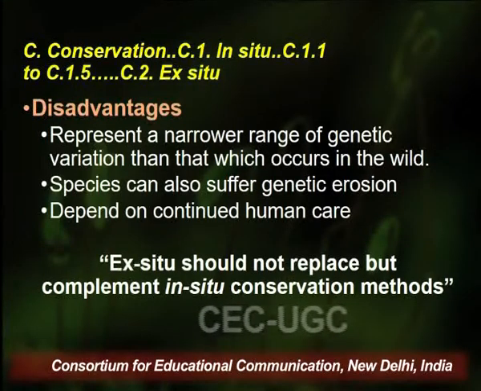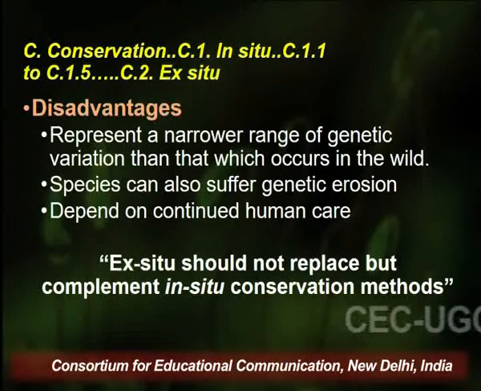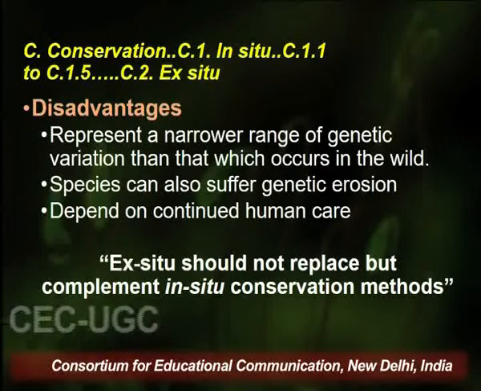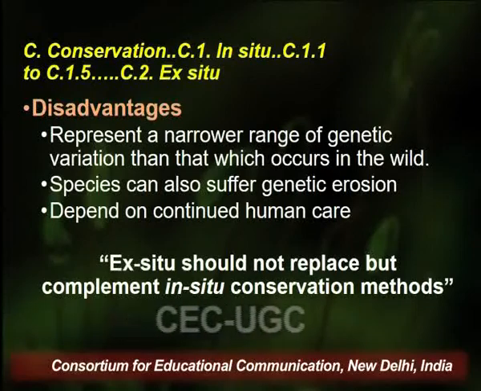Then species can also suffer from genetic erosion. When we talk about genetic erosion, it means, as I told you, that there are certain species which are conserved under ex situ conditions, and under ex situ conditions we provide them all the suitable environmental conditions for their proper growth.